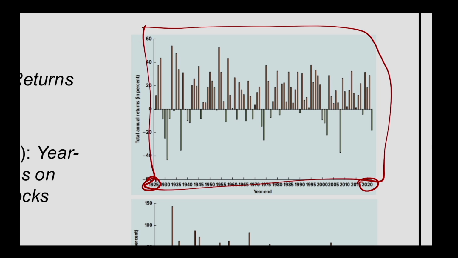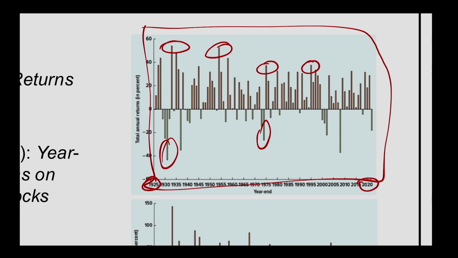All right, back to the large company stocks. What we see is that, generally speaking, on a yearly basis, we've had some really high points, even here and here. The other thing to note is that many of these high points were followed by low points right here.